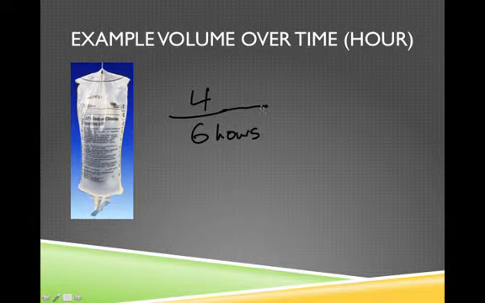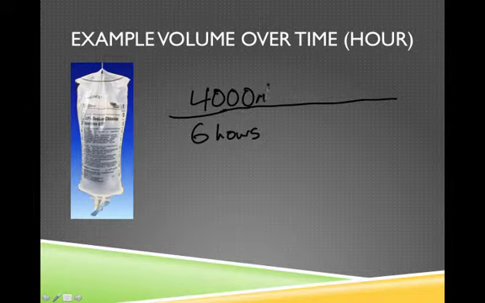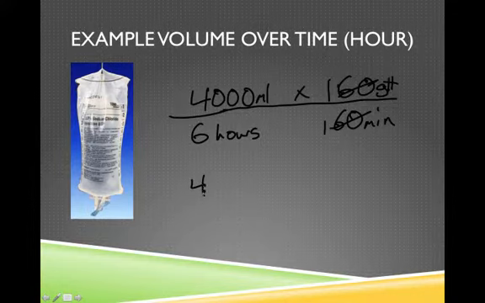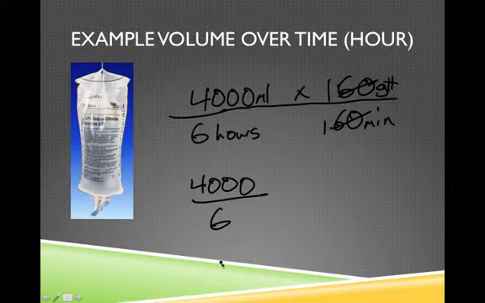And we were using a 60 drop set. 4,000 milliliters over 6 hours times 60 drop set, and then there are 60 minutes in an hour. Now these cross out to where there's 1 over 1, so we're going to figure up and reduce 4,000 divided by 6.